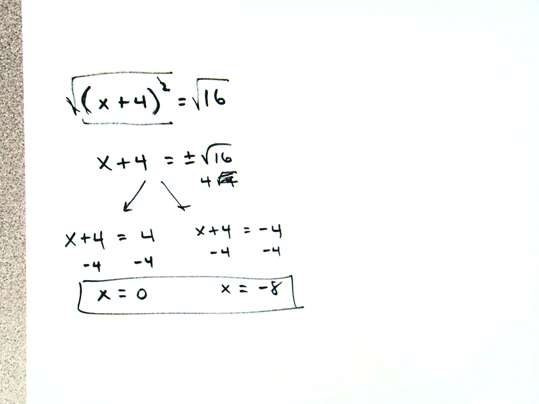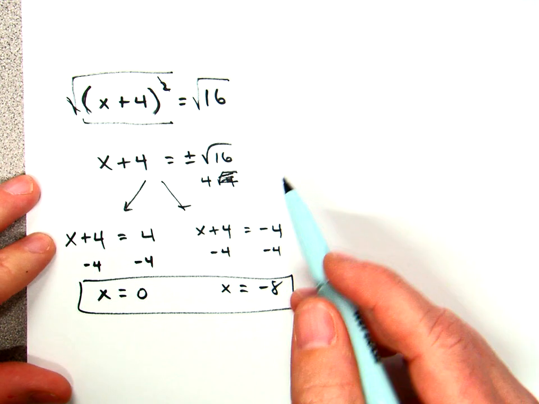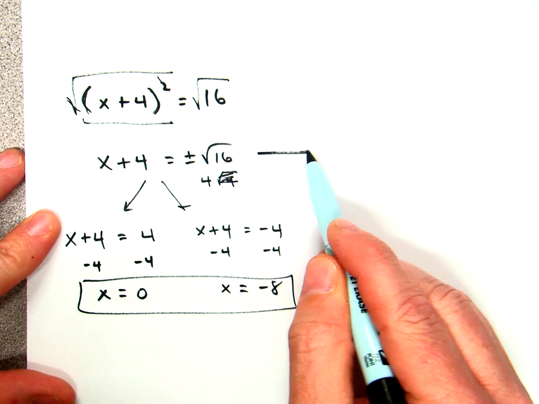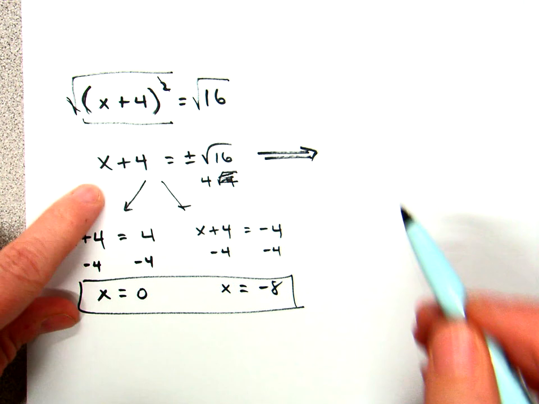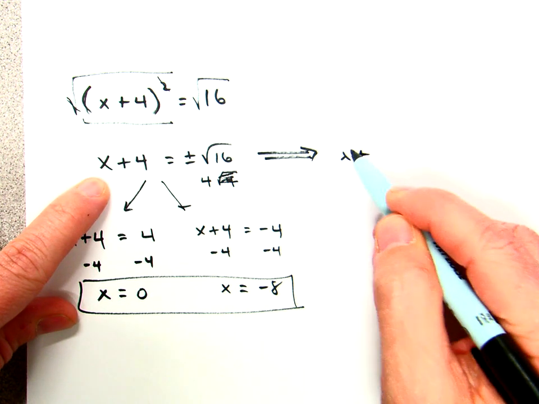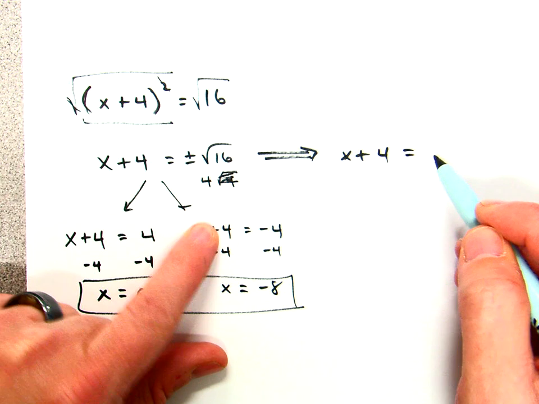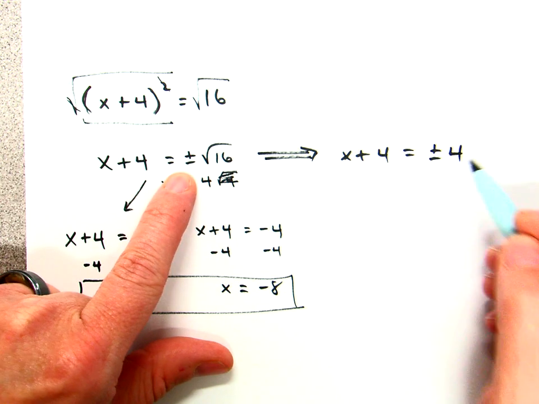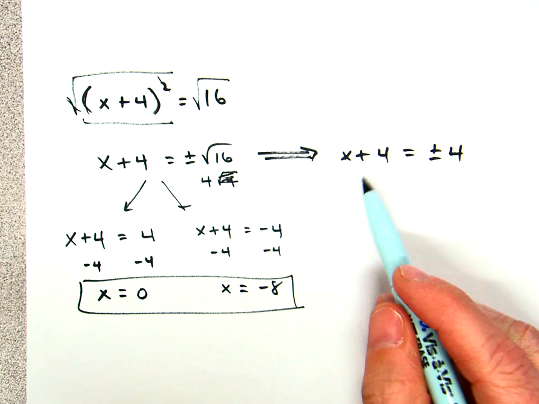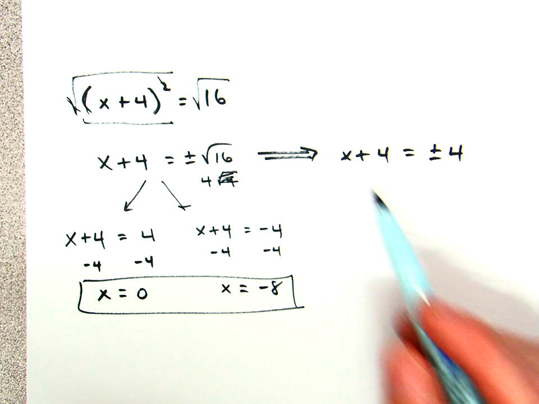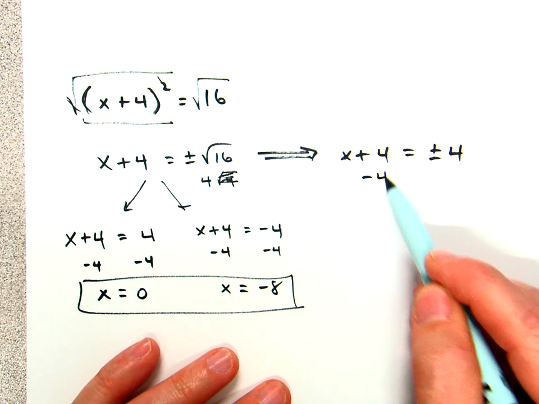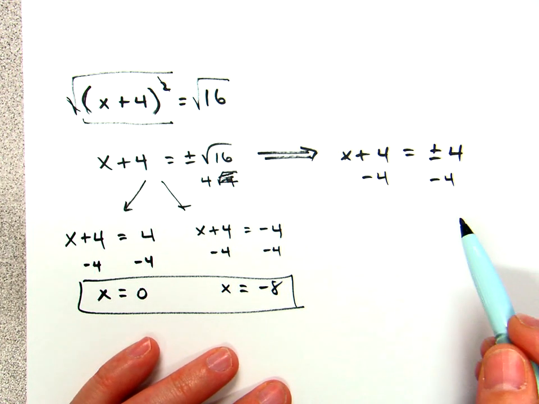Looking good, right? If we want, and you're all right with doing this, we can say that x plus 4, right, just to write it over here. Remember, square root of 16 is 4, right? But it's still plus or minus. Okay? So if you want to just keep going to get the x by itself, we do want to subtract 4 from both sides.